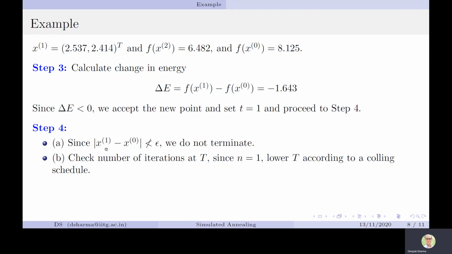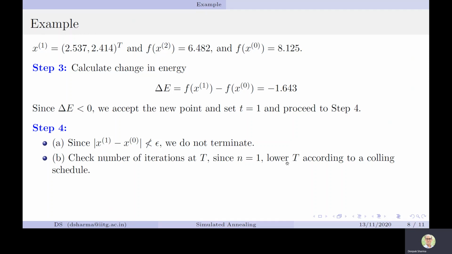First of all, we have to check whether these 2 points are close enough, which they are not, so we do not terminate. Second, we have to see whether the required number of iterations at a particular temperature is done. You remember that although we said n equals 10, we are taking n equals 1 for this hand calculation so that we can perform one more iteration.